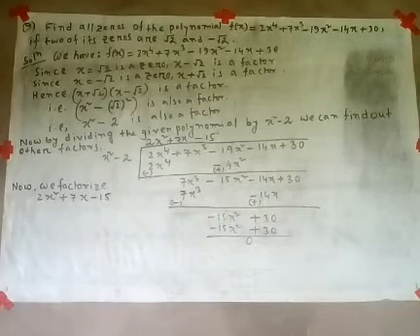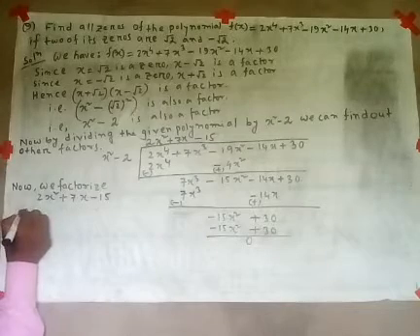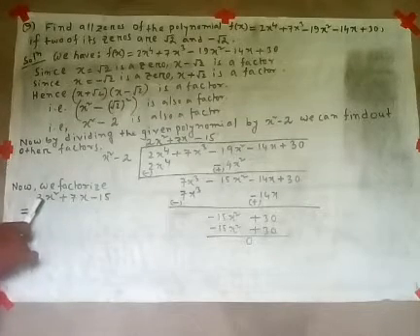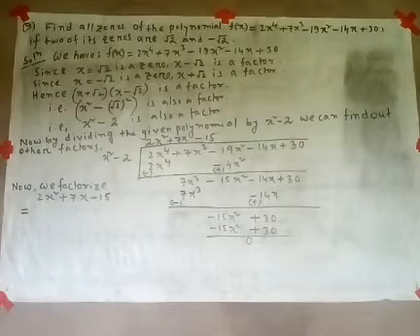This is equal to, look, A into C, 15 into 2, how much? 30. What do we have to do? We have to try to do here.